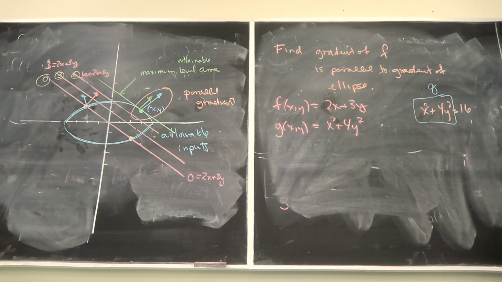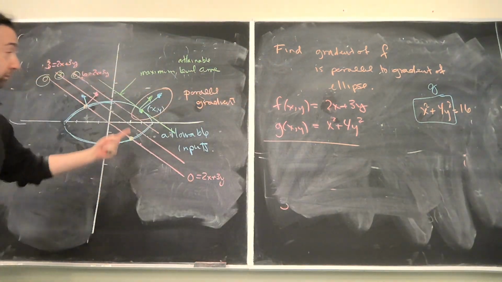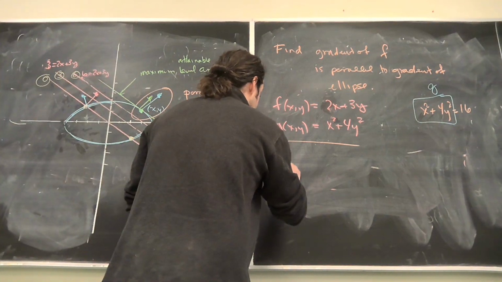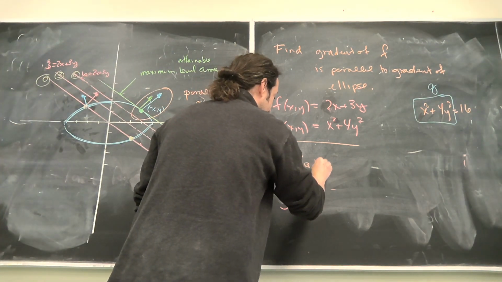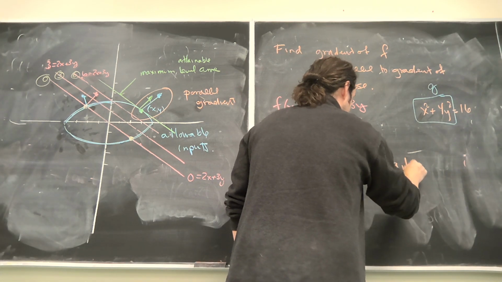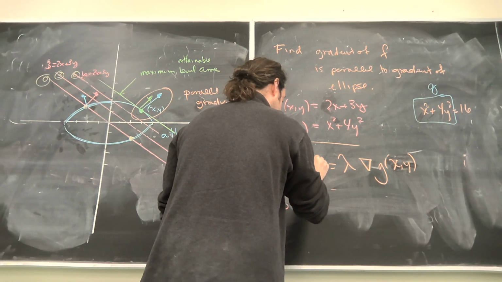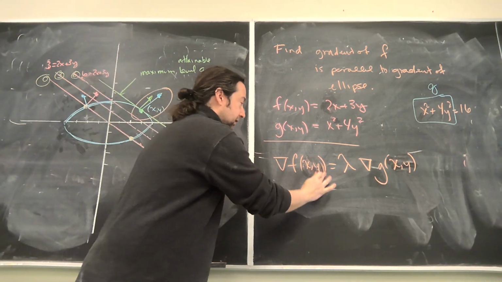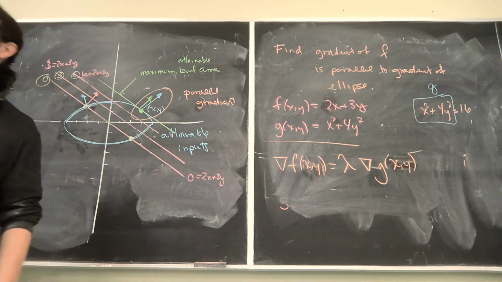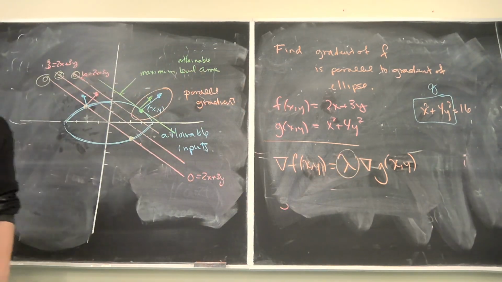And all I have to look for now are places where, so here's the big idea. The point where those two lines cross each other has to be where the gradient of f at that point is a multiple of the gradient of g at the same point. That's the Greek letter lambda, which is traditional. And that thing right there, in a chapter titled Lagrange multipliers, is literally the Lagrange multiplier.